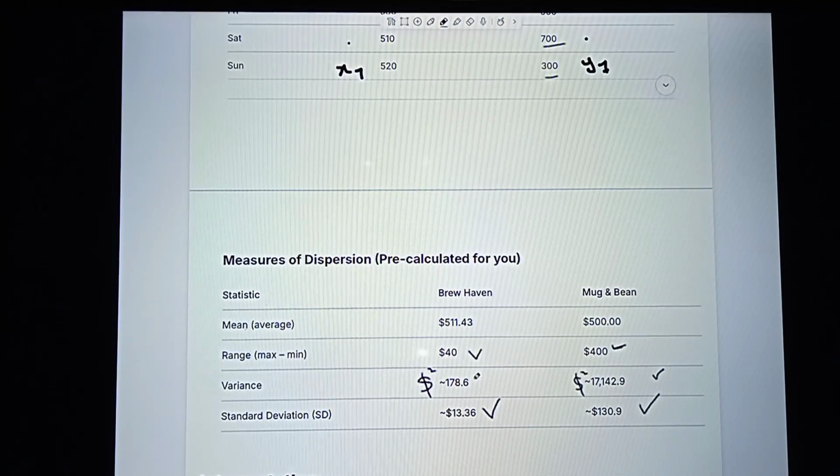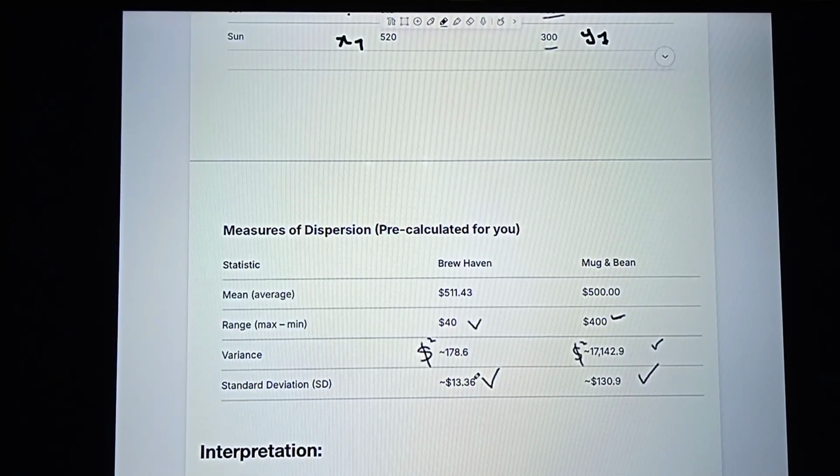Okay, next comes standard deviation. So what does a lower standard deviation mean? Here Breve Haven's standard deviation is lower than Mug and Bean's. A low standard deviation means sales stay close to the average, and a high standard deviation means sales are scattered far from the average, where the average is this one.